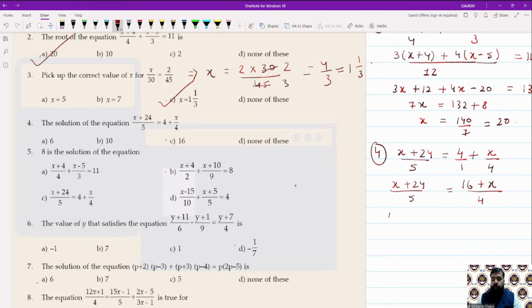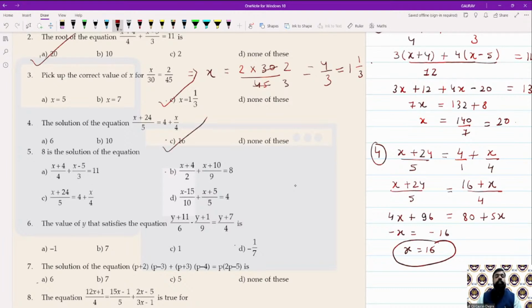Now what we have to do, simple cross multiplication to get the answer. So 4x plus 24 multiplied by 4 is 96 is equal to 5 into 16 is 80 plus 5x. So how much we are getting? 4x minus 5x is minus x equal to minus 16. Therefore, value of x will be 16.